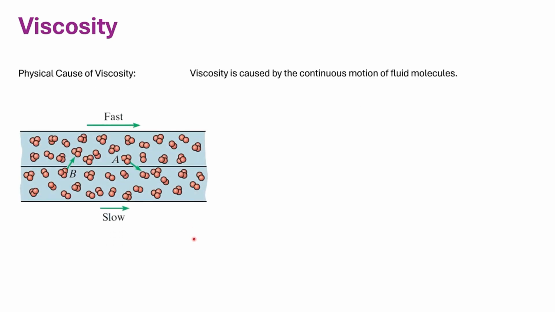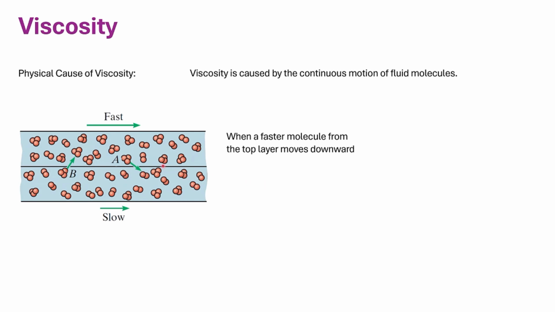But what causes viscosity? The physical cause of viscosity is the continuous motion of fluid molecules. So suppose that this is a pipe and some liquid such as water is flowing into it.